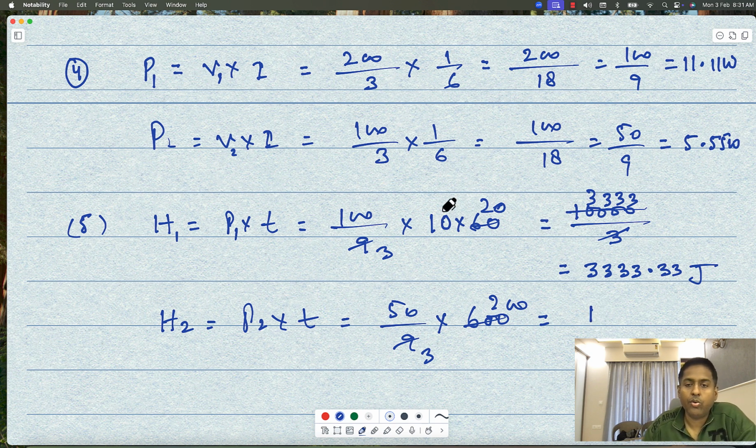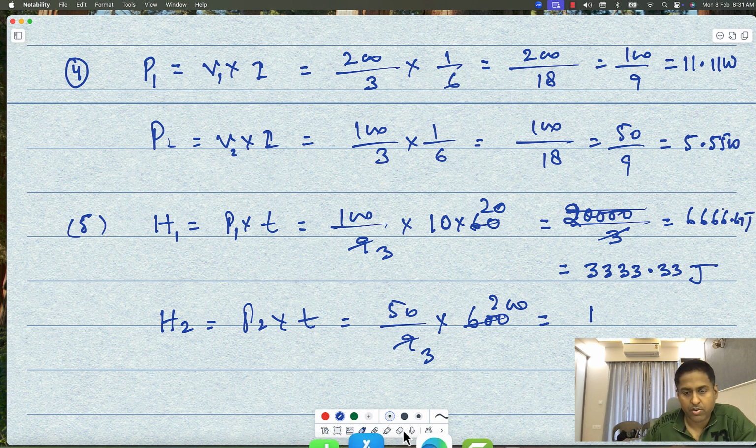Oh, no. Here I made a calculation mistake. Make the correction, no problem. 20,000 by 3, that is 6,666.67 joule.